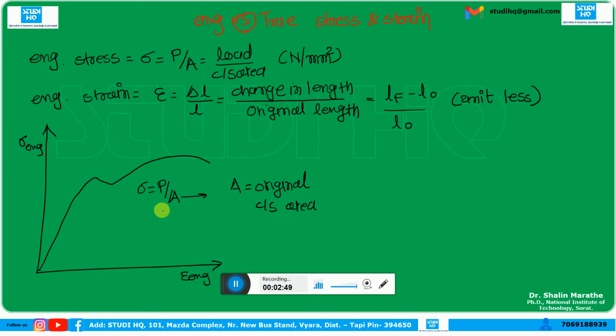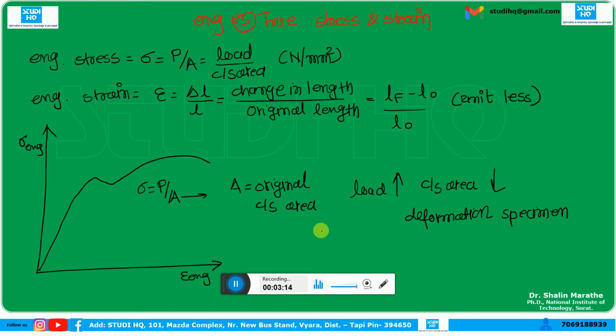But that is not the real case, because as the load increases, the cross-sectional area will decrease. Why? Because there will be deformation in the specimen.